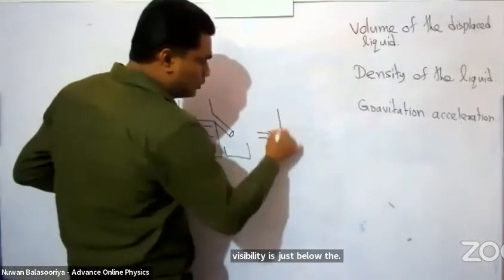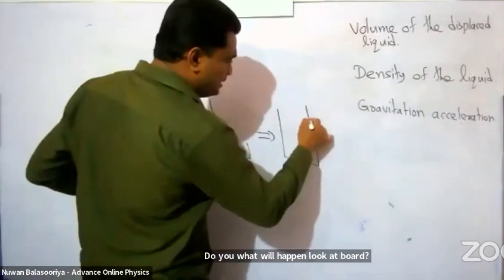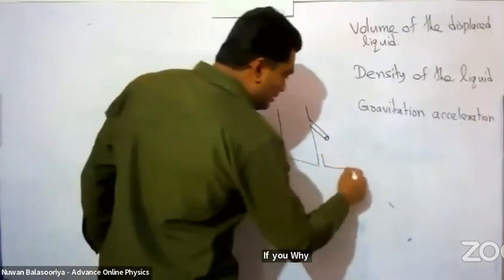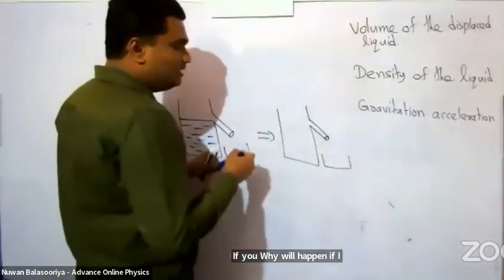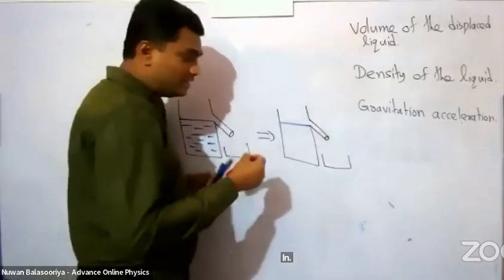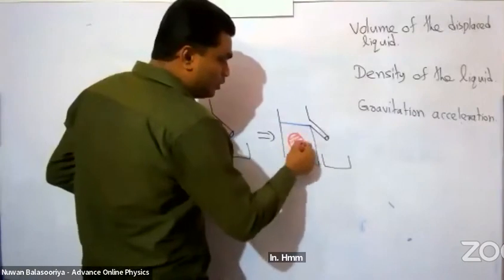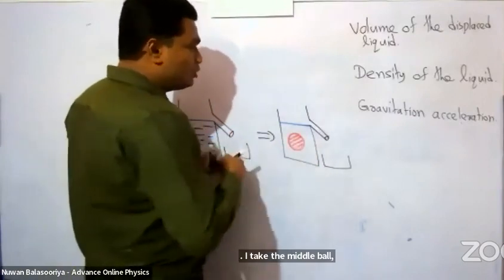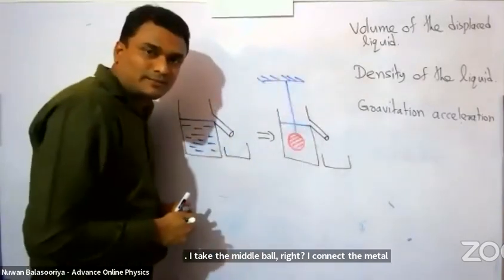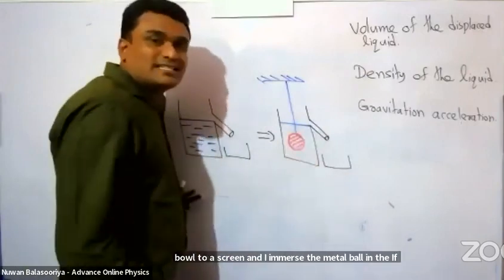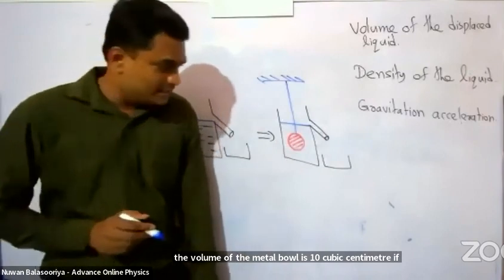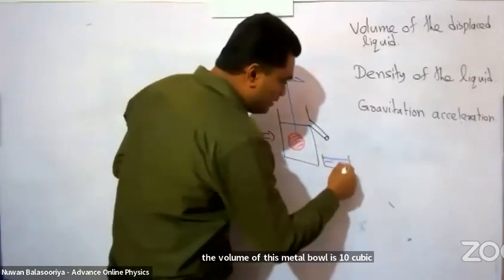What will happen if I immerse an object in the liquid? Let's say I take a metal ball. I connect the metal ball to a string and I immerse the metal ball in the liquid. Then what will happen? If the volume of this metal ball is 10 cubic centimeter, 10 cubic centimeter of liquid will be displaced.